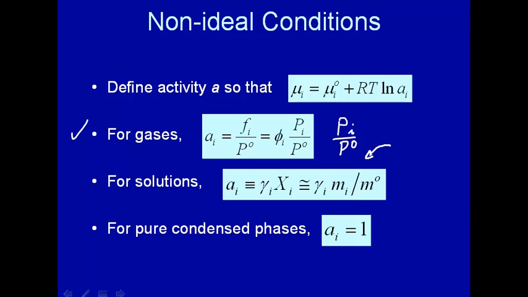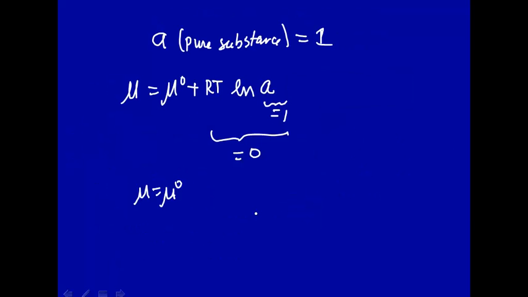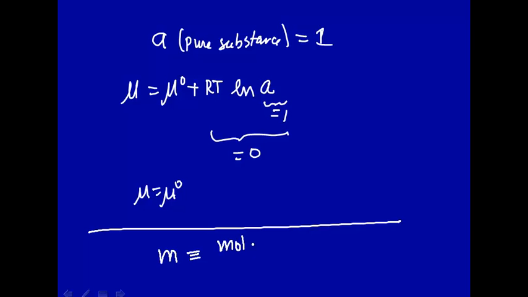Oftentimes, we don't measure concentration in terms of mole fraction. Instead, we use molality. Recall from introductory chemistry, the molality, given the lowercase letter m, is defined as moles of solute per kilogram of solvent. Mole fraction and molality are similar. Let's look at a two-component system.